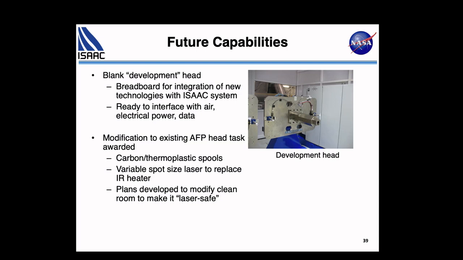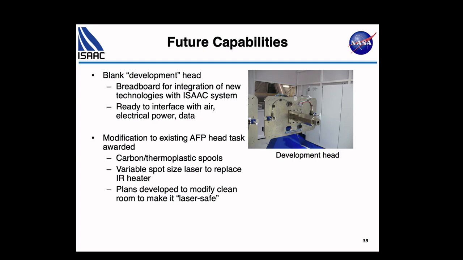The problem with thermoplastics is they require much more heat. So that IR heater that gave the little light out when we were replacing the epoxy material can't get to a high enough heat. You have to go to a laser. And that laser, to put out enough heat, is a very dangerous laser. And so, yes, we can get the head modified to be able to handle that laser, but now we have to make that clean room safe.